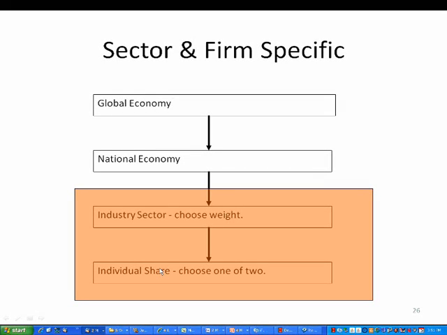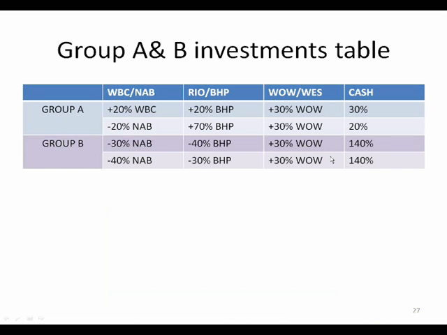The final section of our top-down analysis, where we're going to justify our weights in our portfolio shoot and debate, is the industry sector and the individual share or firm-specific information. Now this, once again to remind you, is Group A and Group B's investment decisions last week and this week.